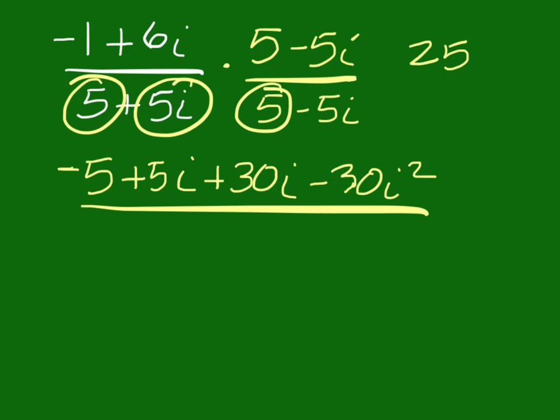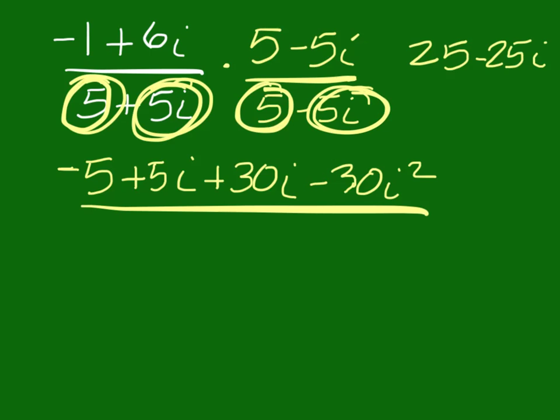And then when you multiply this by this, you'll have a minus 25i squared. The middle terms are canceling out. So remember, you have a 25 and then minus 25i squared. The i squared is a negative 1, so that makes it plus 25. So you end up with a 50 on the bottom.